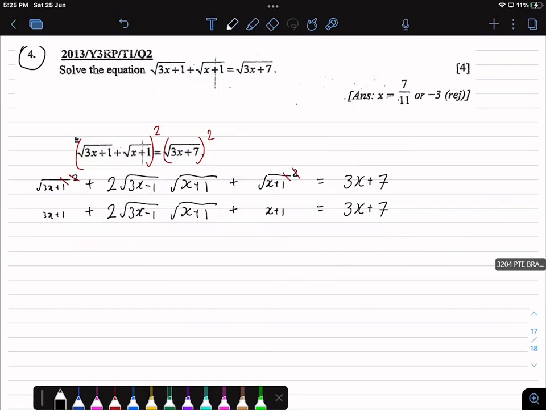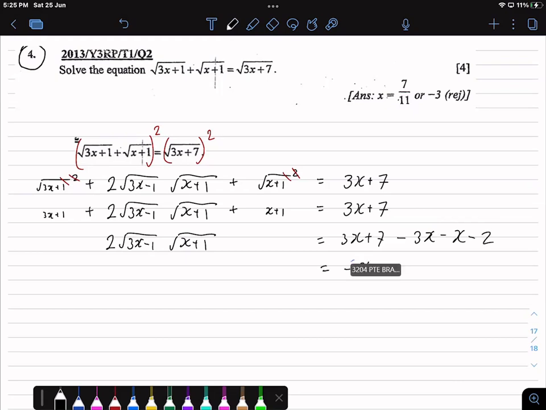So minus 3x minus x minus 2. Correct. Okay, simplifying, I will get a minus x plus 5. Then the right-hand side is just left with the middle guy, the square roots.